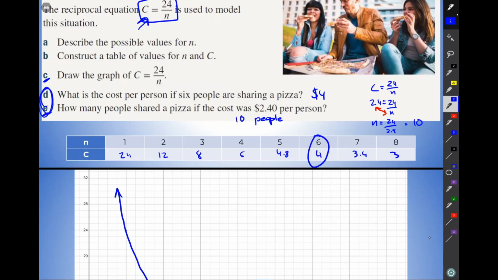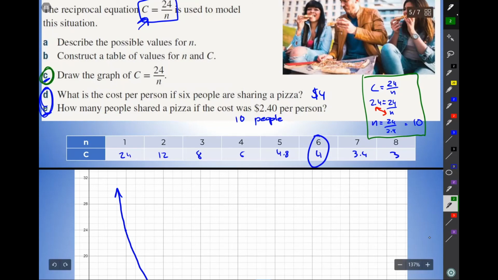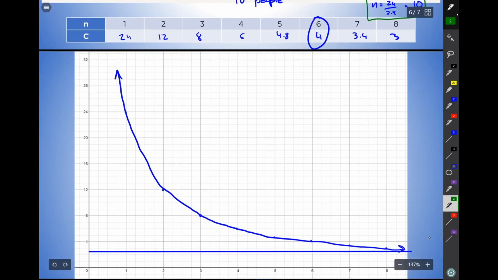You will not necessarily need to use your graph. You might be able to get the answer using some algebra like we did over here. And that's fine. That's perfectly valid. But for the most part, you're going to be asked to draw the graph anyway. So where you can, it's a good idea to use the graph.